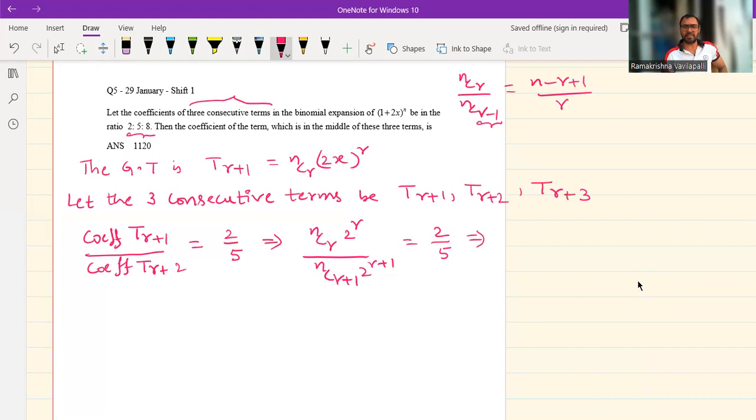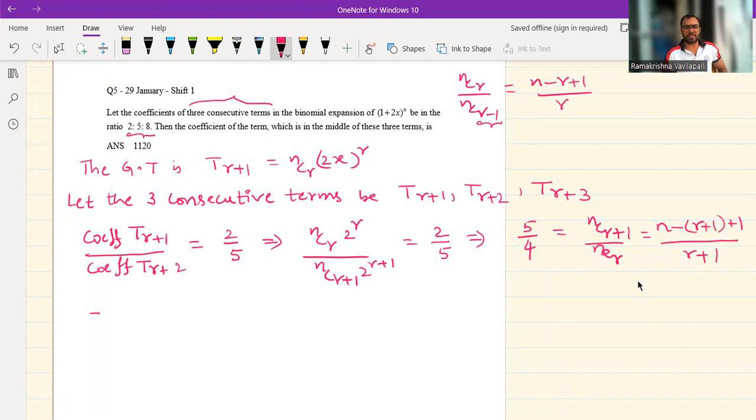I'm just taking this reverse: 5/2 times 2 is 5/4 (2^r cancelled, 1/2 is left), so 5/4 equals nC(r+1) by nCr, which is (n-(r+1)+1)/(r+1). Here it is nC(r+1) by nCr.